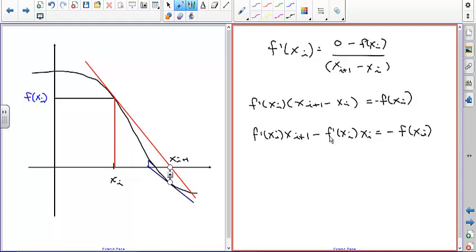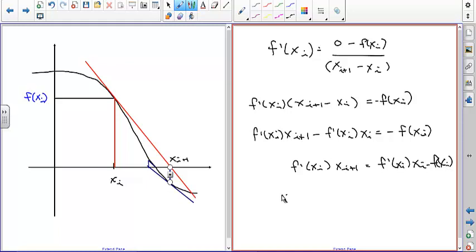And then we'll move the terms that don't involve what I'm trying to solve for. What is my guess for the x-intercept? So you'd have f prime of x sub i times x sub i plus 1 is equal to f prime of x sub i times x sub i. So I'm just moving this to the right-hand side, so it becomes positive. And then I have my second term here.